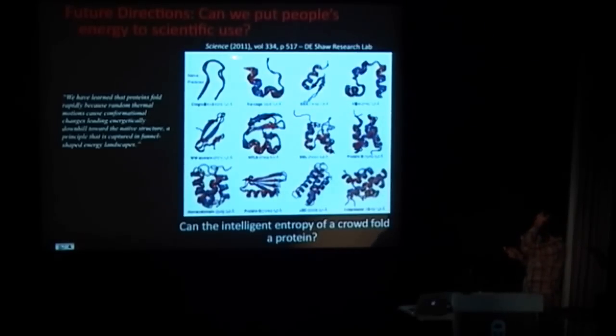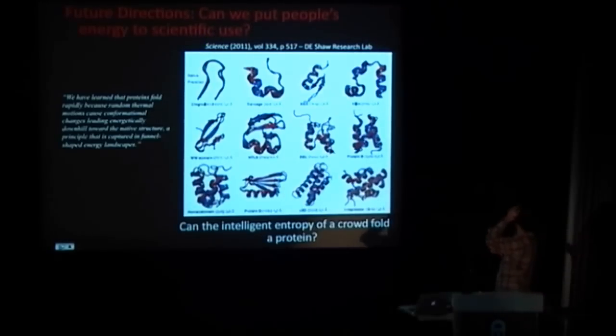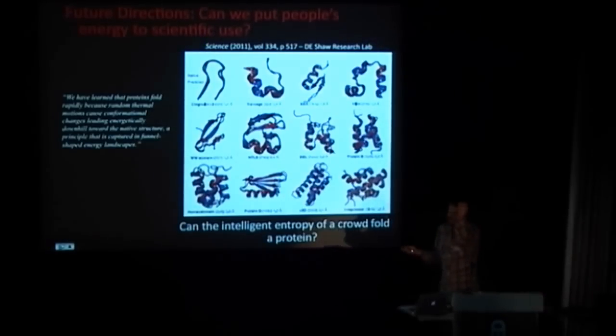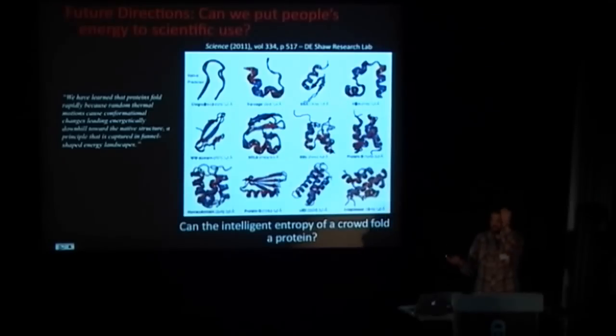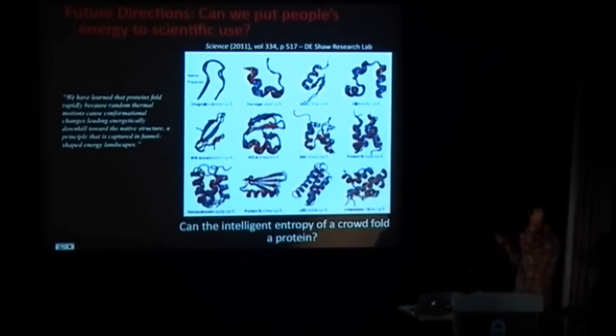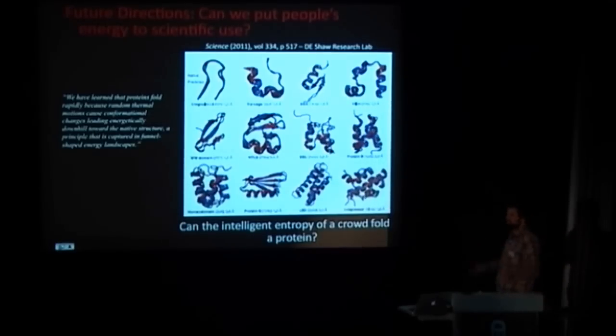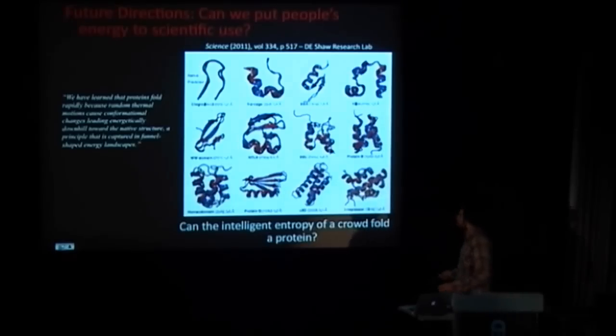I don't know if anyone's been reading any of the research coming out of David Shaw's research lab. David Shaw built a supercomputer called Anton to run unprecedented timescale molecular dynamics. And he was able to fold a bunch of small proteins with no approximations, just through sheer compute power.